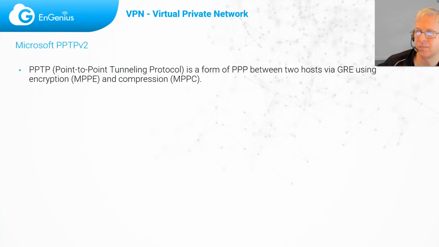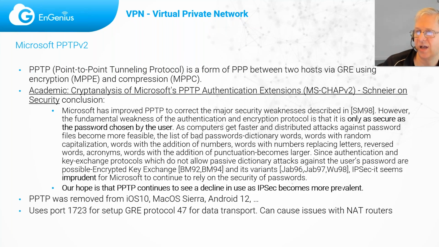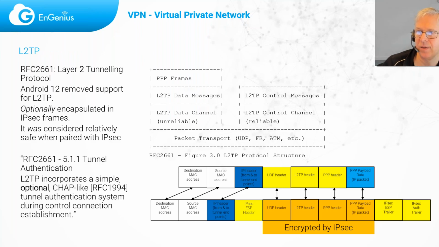Microsoft PPTP, don't use. It has also been removed by a lot of stuff. SSTP is a Microsoft standard. It uses port 443, but nobody else is using it. The strange thing is I found out that Android 12 removed support for this recently. So it's being removed.